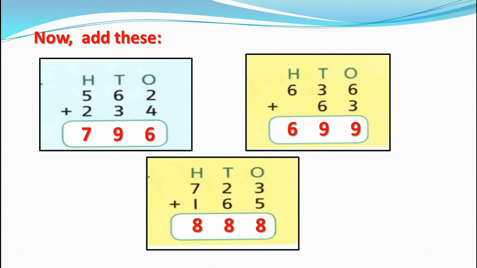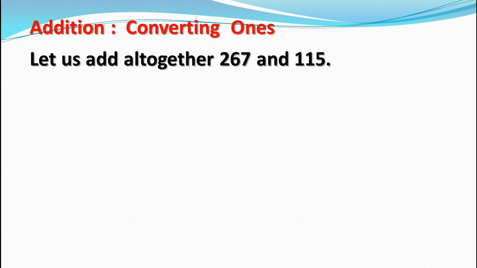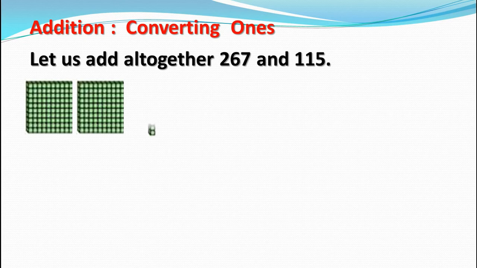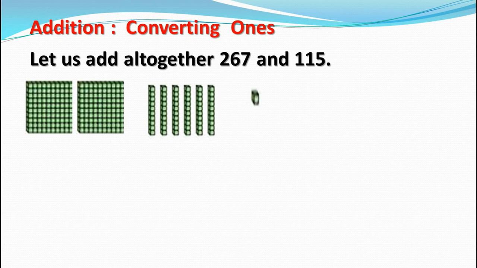Now in this example we will add hundreds with converting ones. Let's add together 267 and 115. So let's start. First we have 2 boxes of hundreds. Then we have 6 blocks of tens.